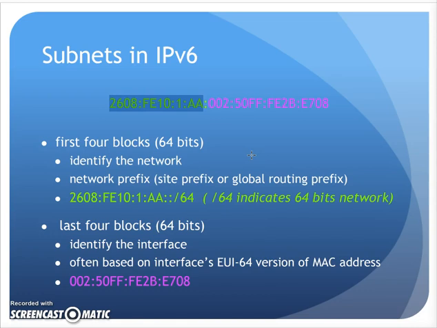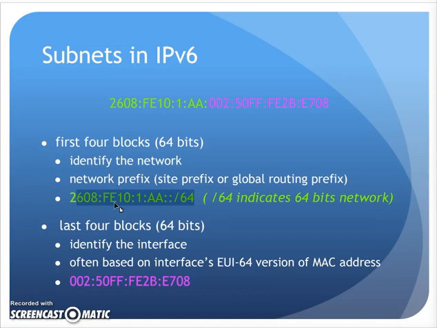That is roughly the first 64 bits. So in this case, 2608:FE10:1AA is my site prefix, my global routing prefix, my network portion of the address. And you'll see a /64 behind that indicating the first 64 bits.